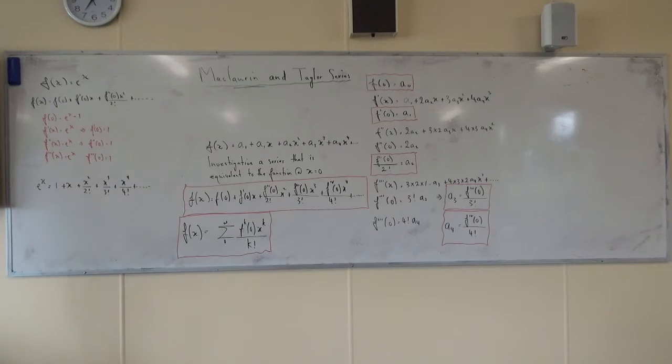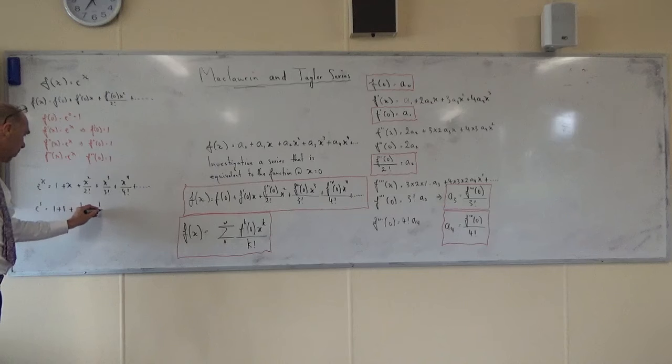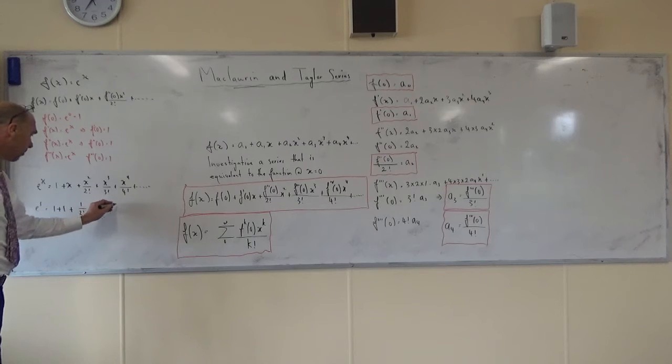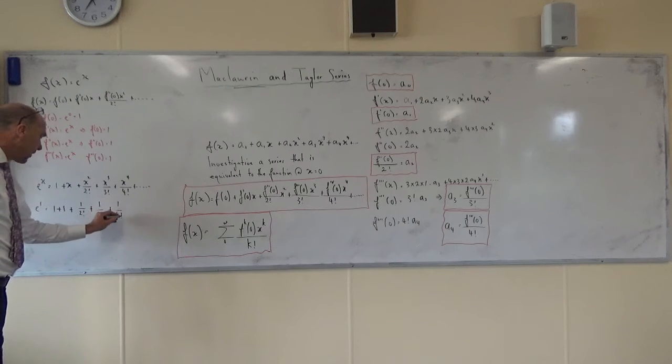So let's get an approximation using this Maclaurin series up to the x to the power of 4 term for e to the power of 1, shall we? Let's use this Maclaurin series and then we'll compare it to the actual answer. Is 1 plus 1 plus 1 on 2 factorial plus 1 on 3 factorial plus 1 on 4 factorial.